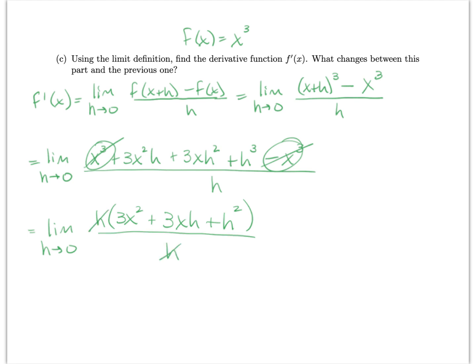Then my numerator and denominator h's cancel. And finally, I can take the limit as h goes to 0 because I can make this h 0 and this h 0. There's no 0 in a denominator to worry about. So this becomes 3x squared plus 3x times 0 plus 0 squared, which is just 3x squared.